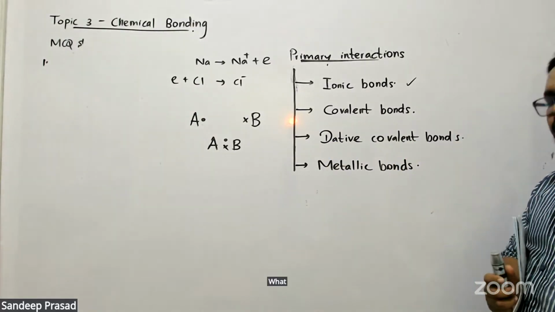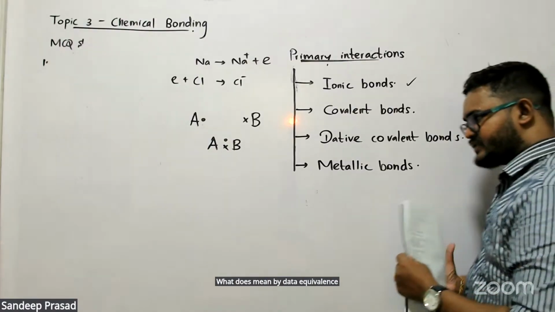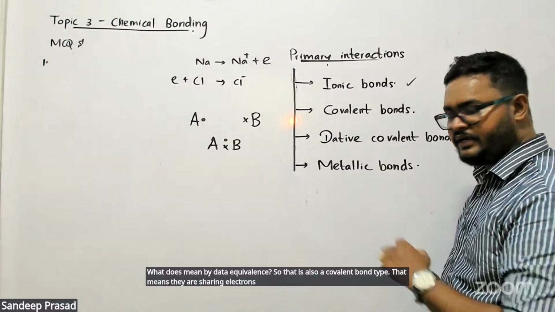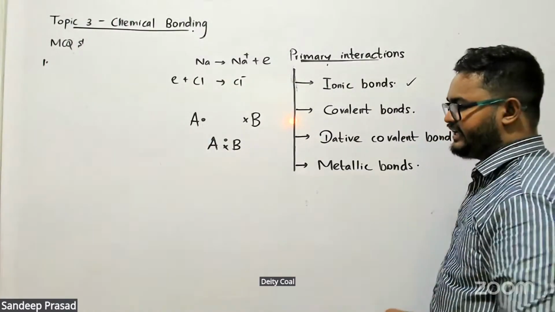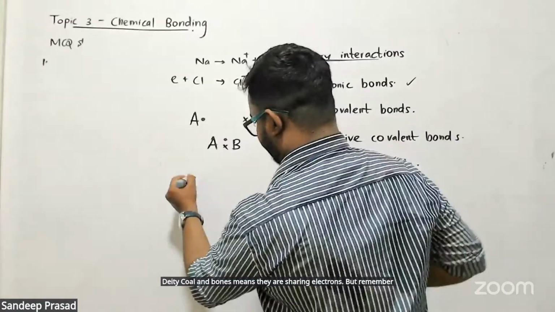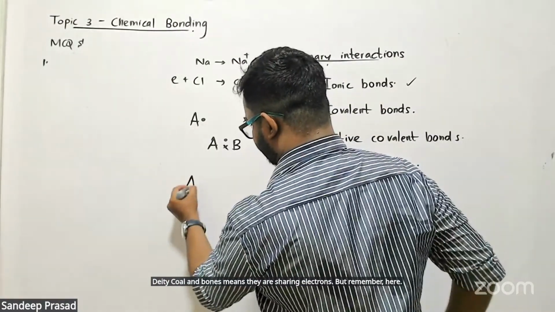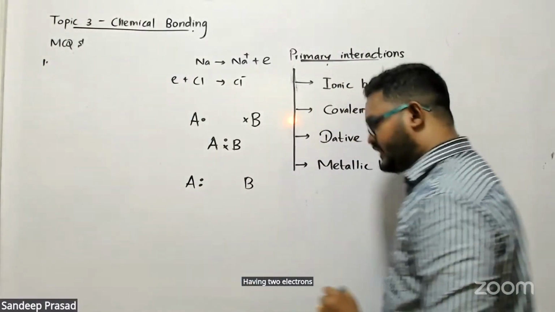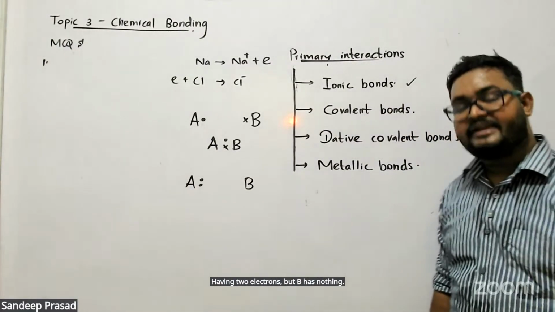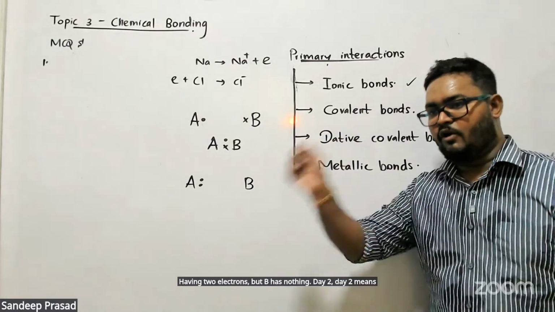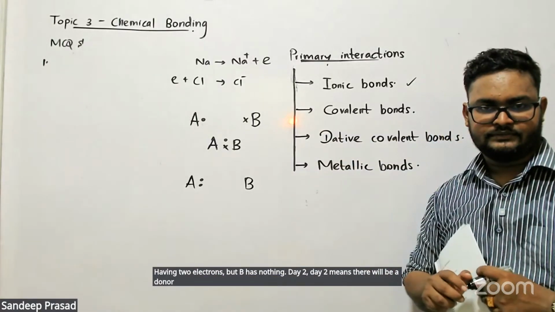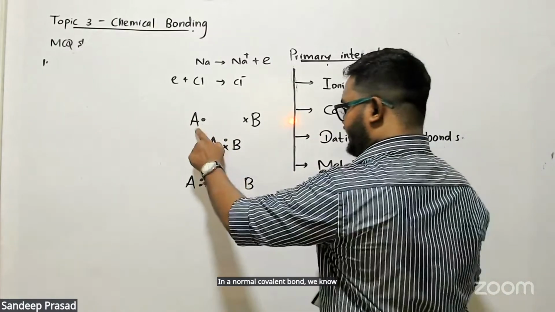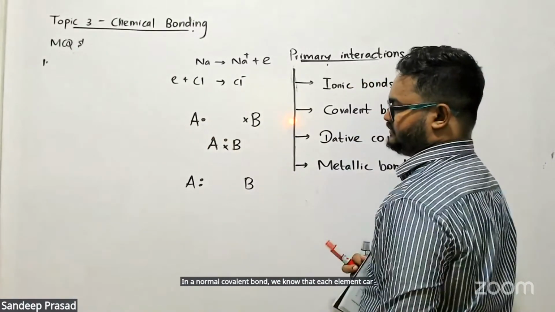What does it mean by dative covalent bonds? That is also a covalent bond type. That means they are sharing electrons. But remember, here capital A is having 2 electrons, but B has nothing. Dative means there will be a donor and acceptor. In a normal covalent bond, each element carries 1 electron.